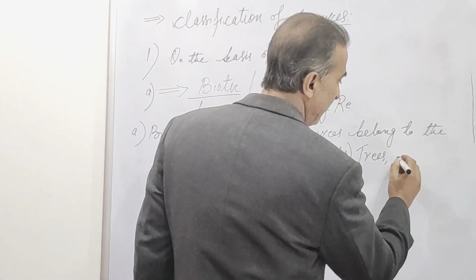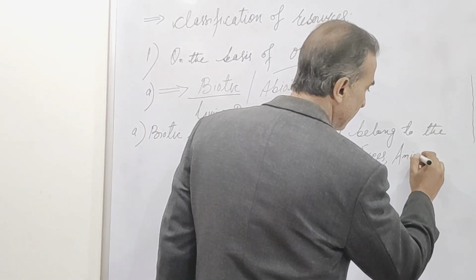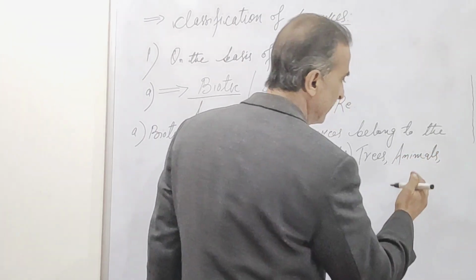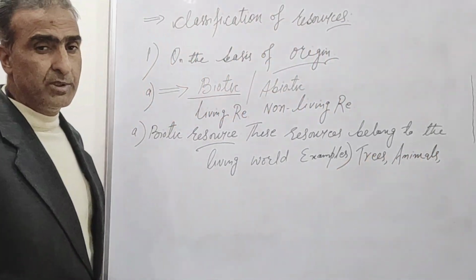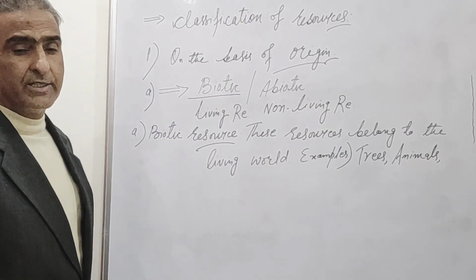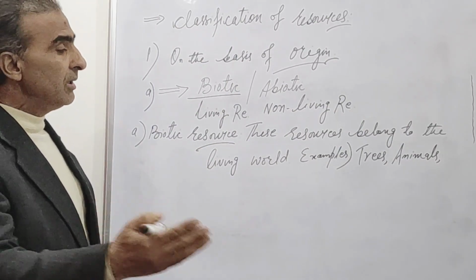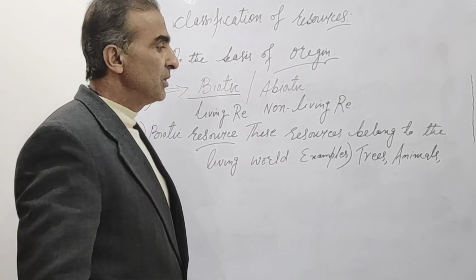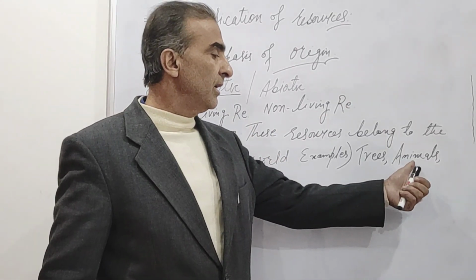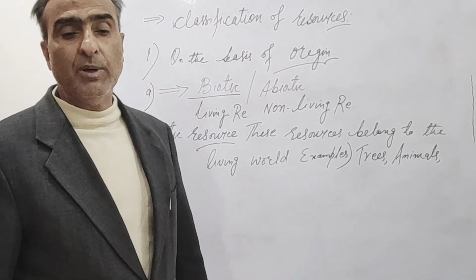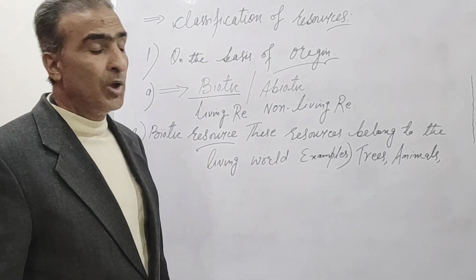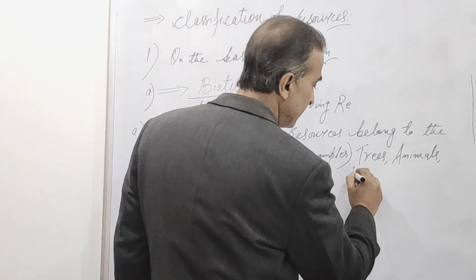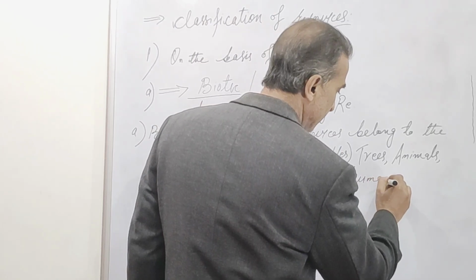Besides, we have animals: domestic animals, wild animals, fisheries, insects, birds, all belong to the biotic world, and in general we can call them animals. We can also put the human beings.